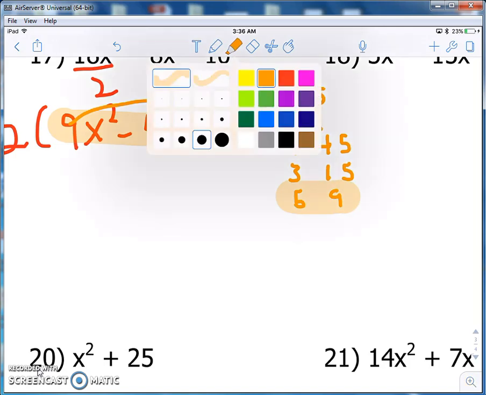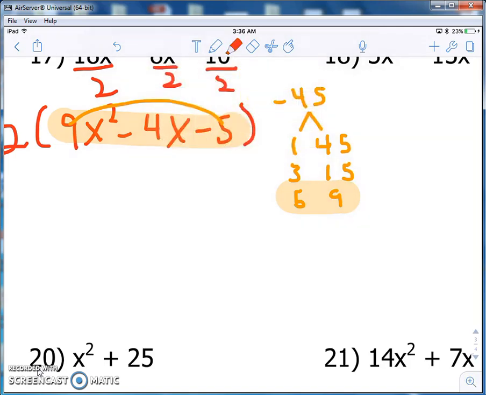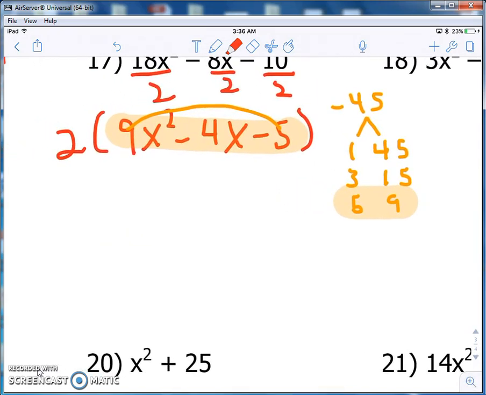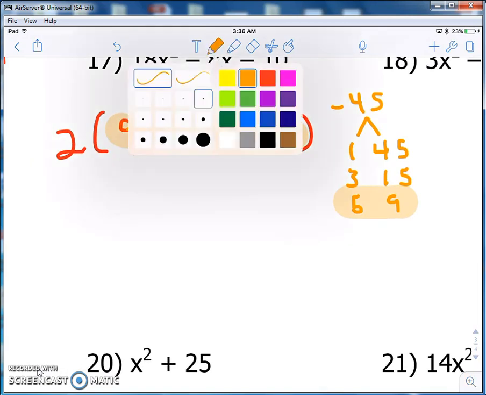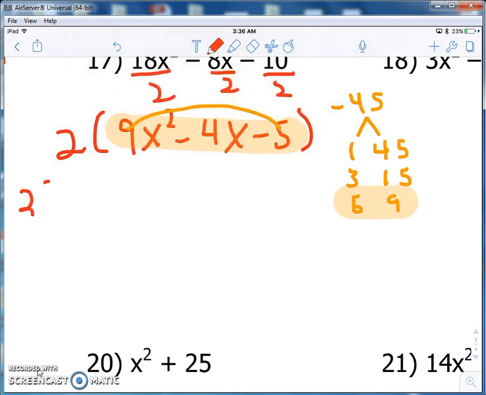So the 2 comes down. We have our parentheses. And I'm going to replace that negative 4 with a negative 9 and a positive 5. I'm going to put the negative first. So I'm going to call this 9x squared minus 9x plus 5x minus 5.